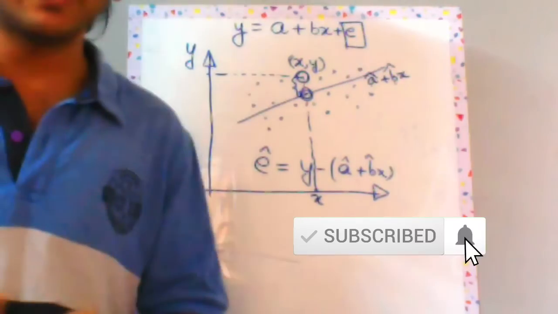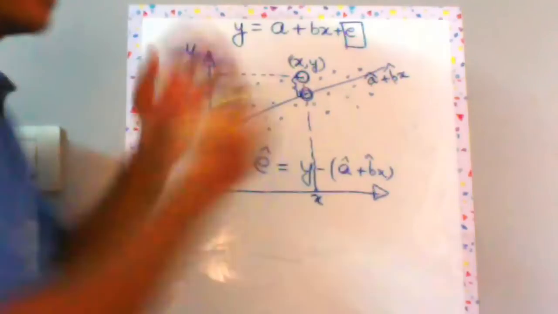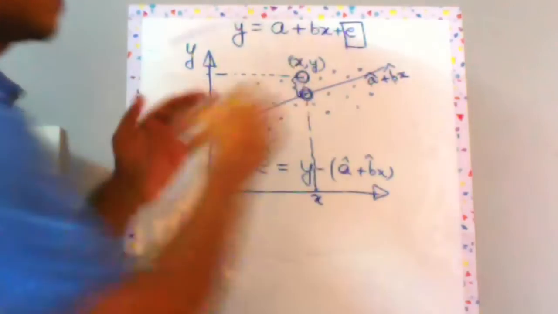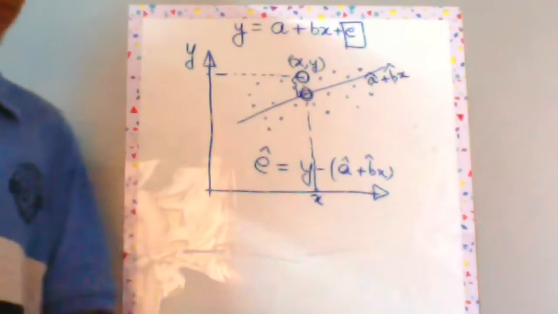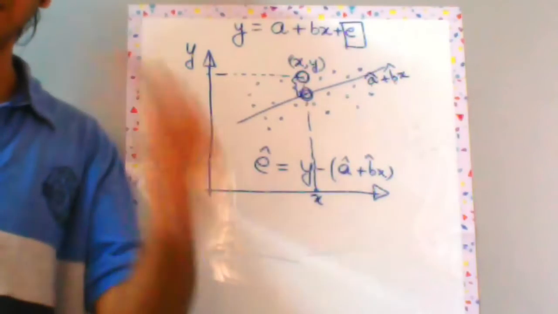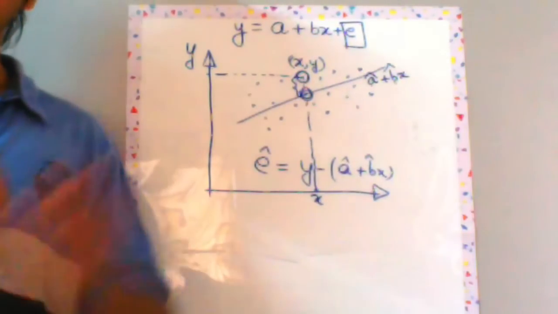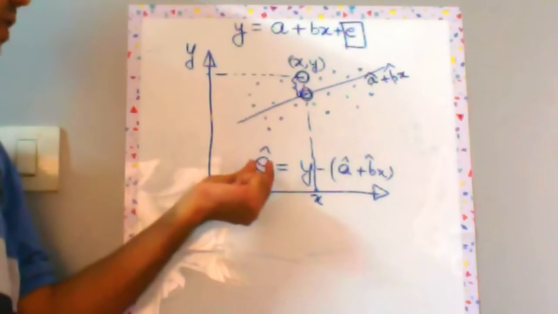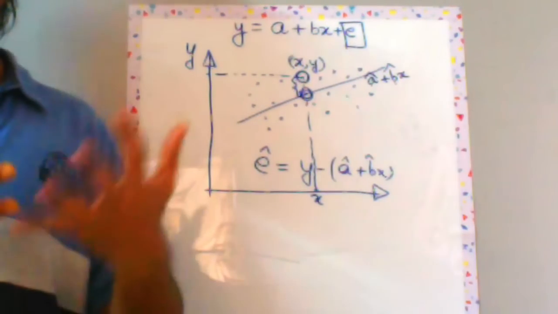So you could think of it in this way, that you have a scatter plot on an xy graph and you have a line of best fit. And for every value of x, you will have a y corresponding to the scatter plot and a y corresponding to the line of best fit. So you find a difference, and that difference is your E hat, or the estimated residual we call.